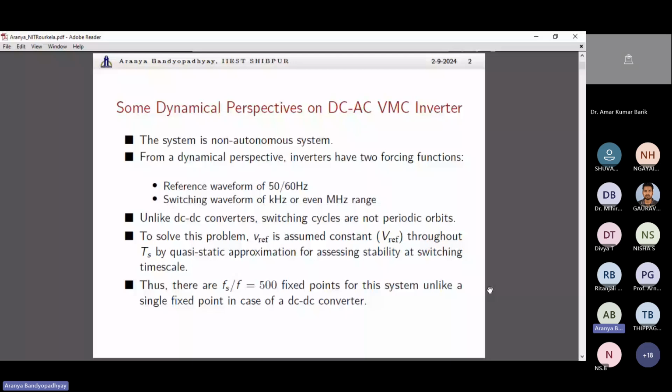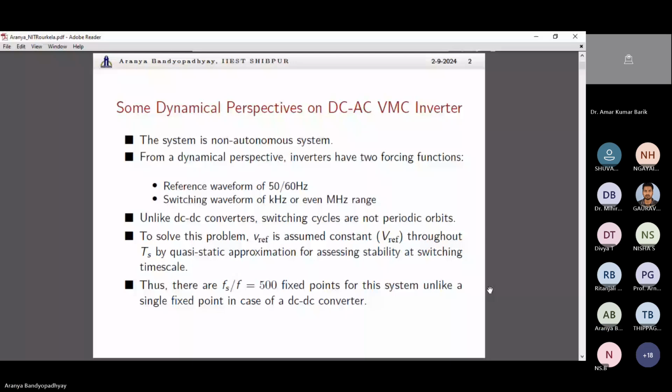So we are not going to bother about the three-phase system at this moment. But I should stress that whatever dynamics we encounter for the single-phase case will inevitably manifest for the three-phase case also.